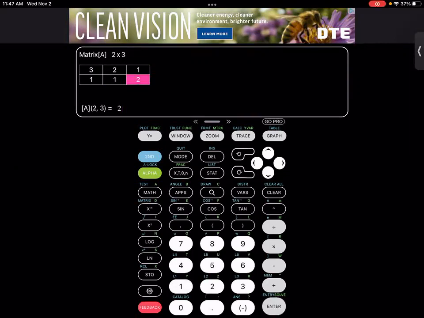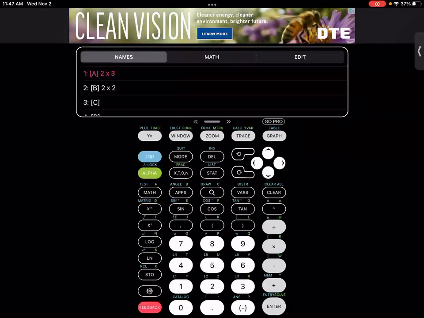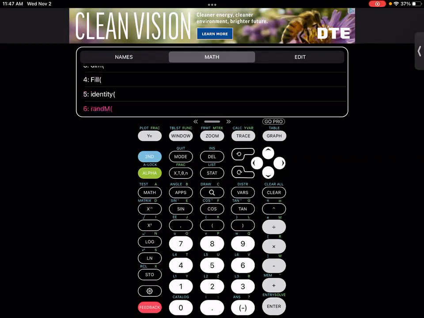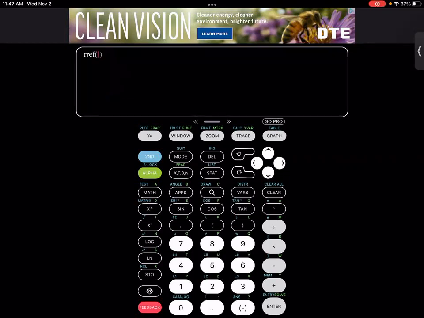So press enter. Now that you have it, quit, second mode to quit. Go back to the matrix, second matrix. Go over to math, and you go all the way down to RREF, very good. RREF right there, row reduced echelon form. And then it asks you what matrix you want to plug in there.